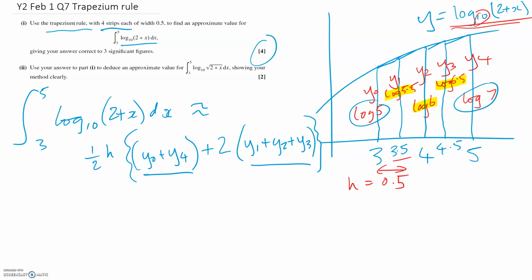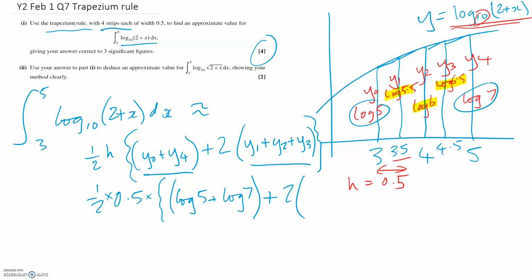So all you need to do now is stick those values into the equation. So we've got a half times 0.5 times y0, which is log 5, y4 is log 7, and then we want to add 2 times all the other values.